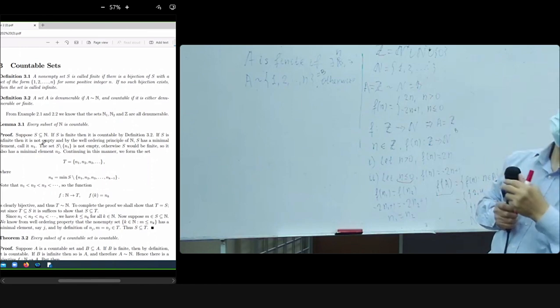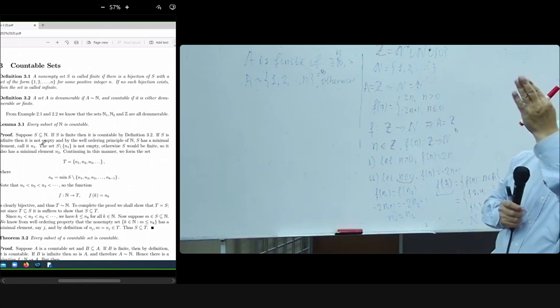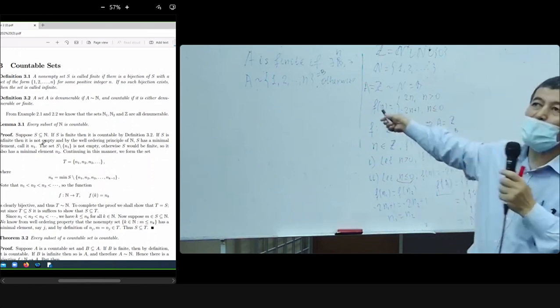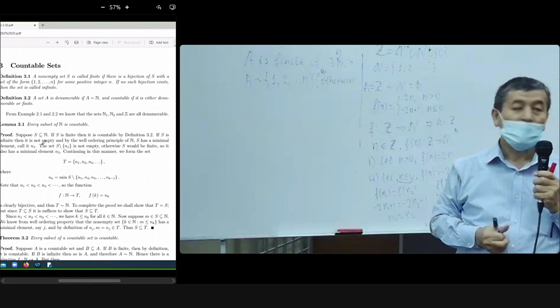A set S is called finite if there is a bijection of S with the set of the form. Now we are coming to this definition.